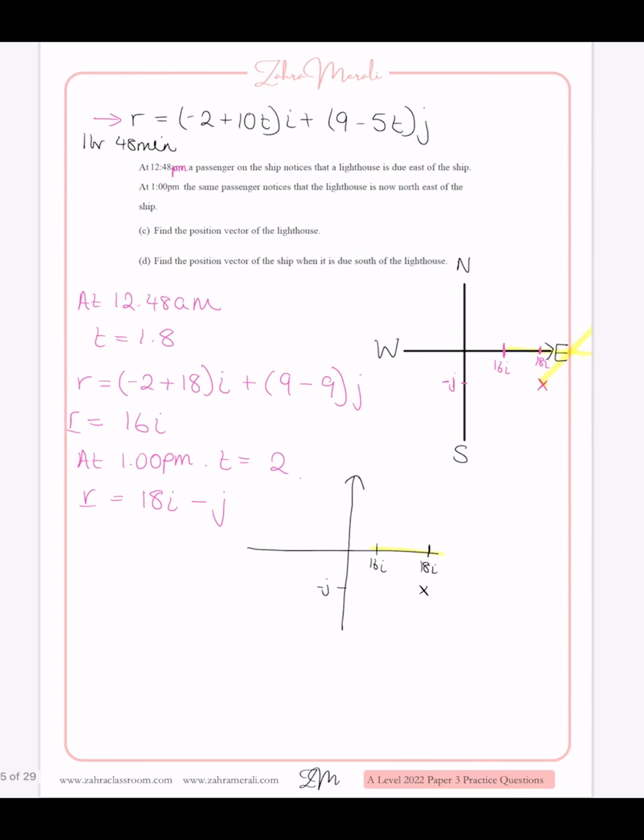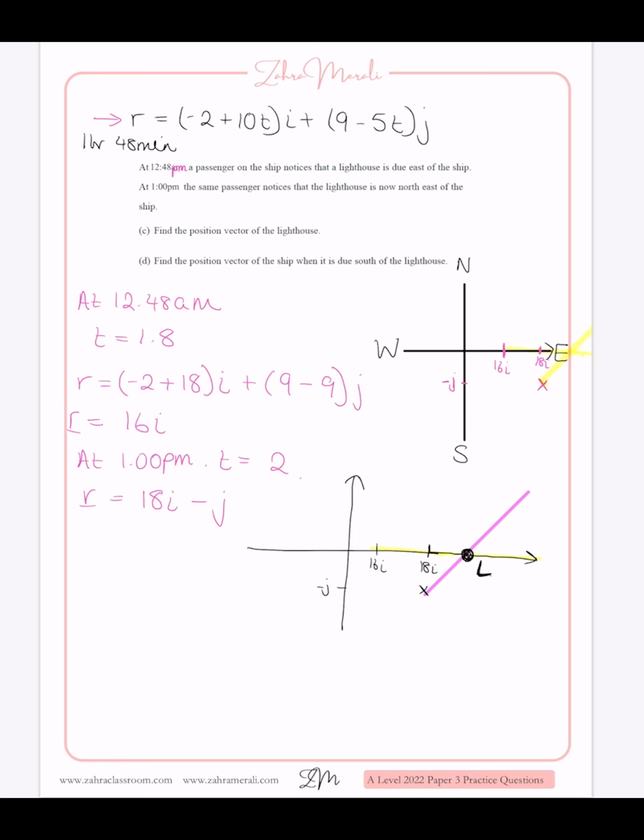Let's make this longer so it's a bit more obvious. It's along here, and we know that northeast is something in this direction. So if I'm starting here, northeast for me is going to be essentially this pink highlight, and I need both those things to have been correct. So therefore my lighthouse is over here.